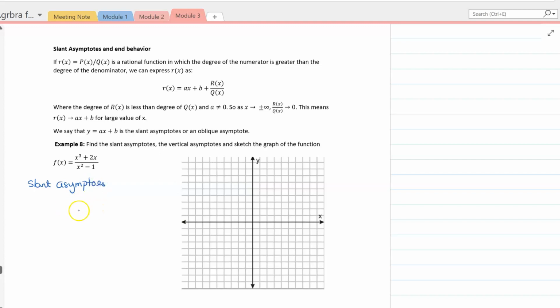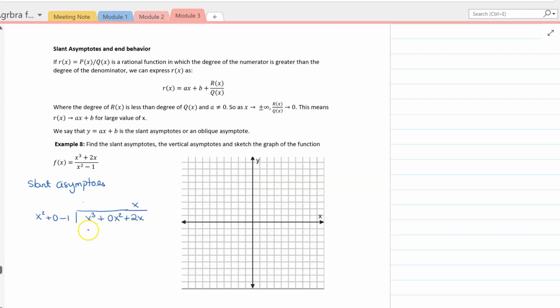To find the slant asymptote, we do the long division of x squared minus 1 into x to the third plus 2x. So x squared goes into x to the third x times.